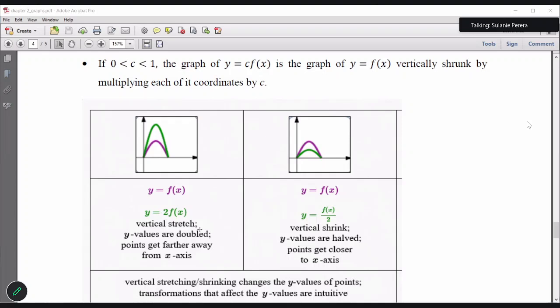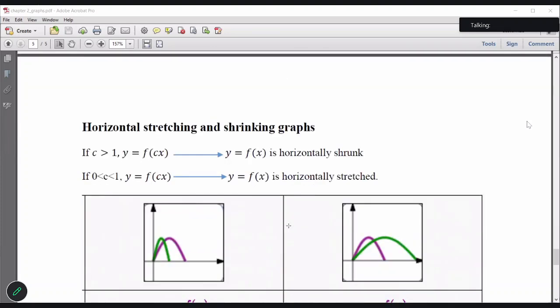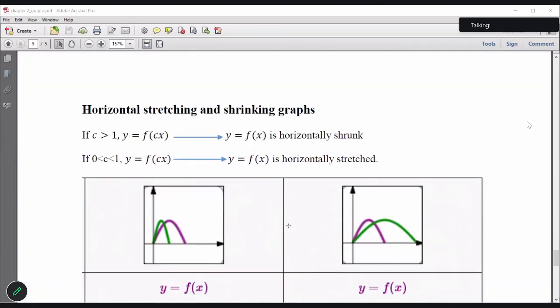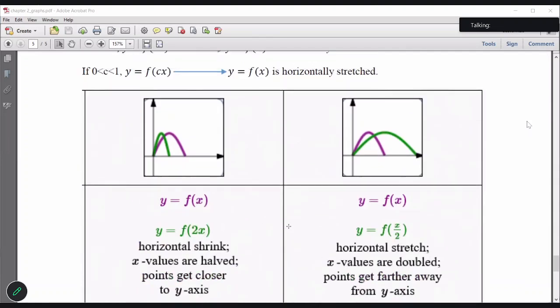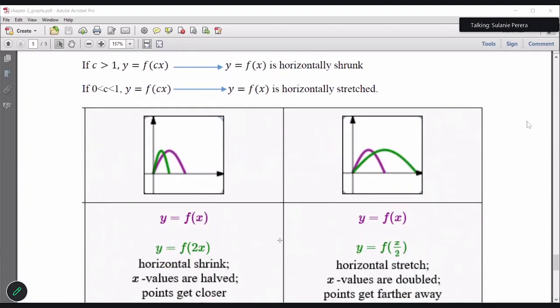If you divide, you shrink the values. I hope you all understand. Multiplication is stretching, division is shrinking.